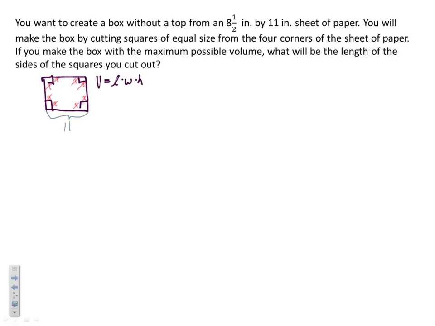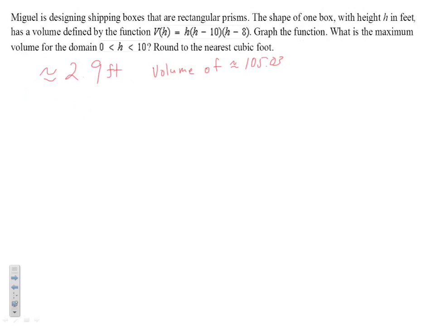So this side is 11, and this whole side is 8.5. You should be able to come up with your equation from there and solve for the maximum possible volume. That's what I'd like to see, solving for the maximum possible volume.